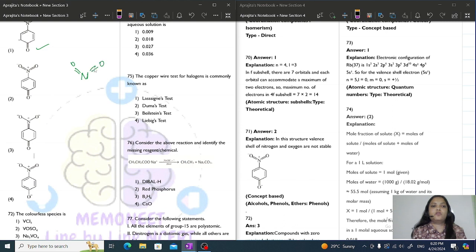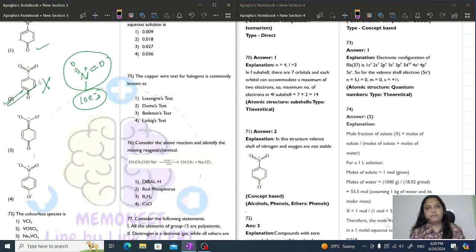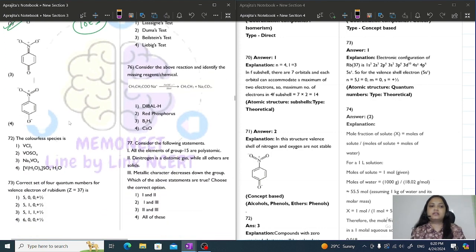Nitrogen is forming 5 bonds, which means 10 electrons are there. So this is not correct because nitrogen cannot have 10 electrons in this case. And moreover it is having a positive charge. So this one is wrong. So this structure won't be stable and the answer would be option 2. Other structures are stable.